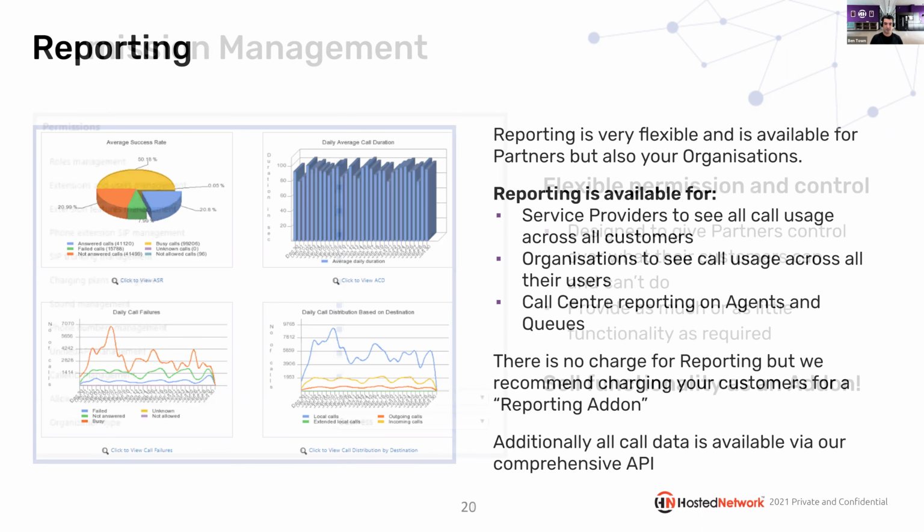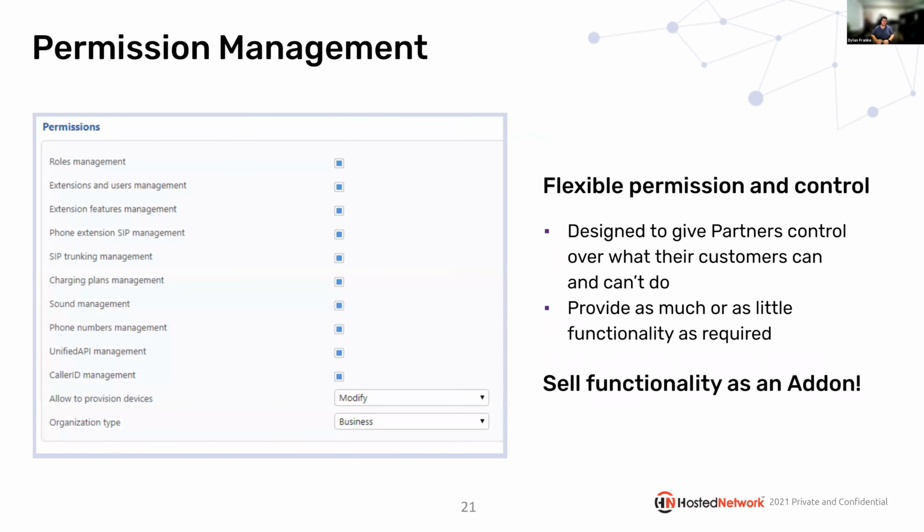So, Dylan, permissions? Yep. So I touched a little bit on the permissions earlier. When you're giving your customer access to the portal, you may not want them to just have free rein to do whatever they want. By default, if you leave everything ticked, they can go in and do things like change caller ID, delete extensions, create extensions.